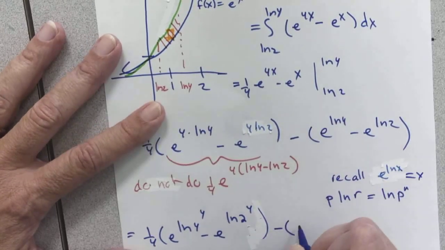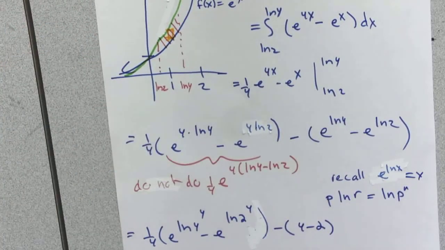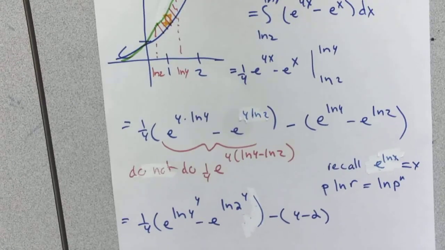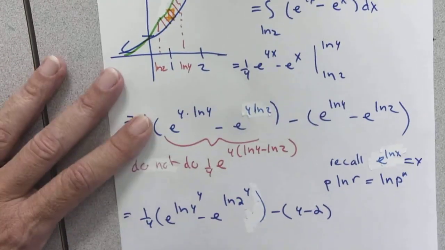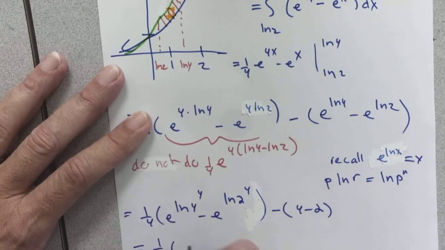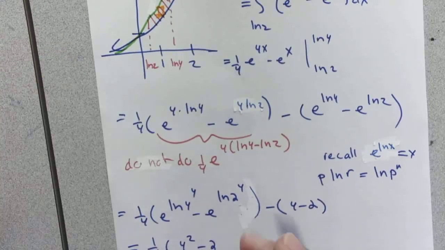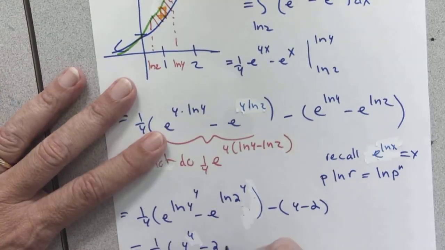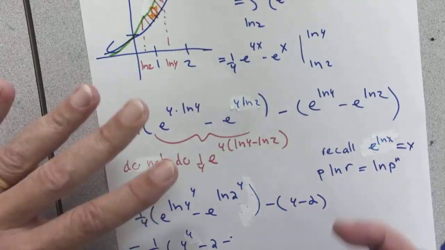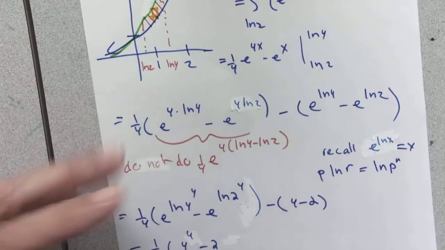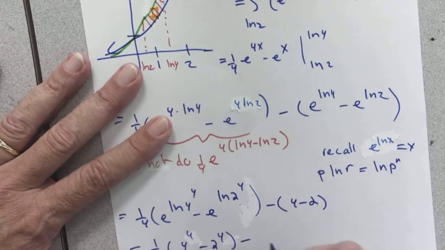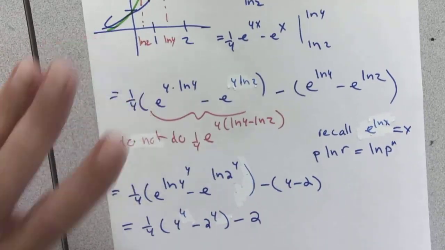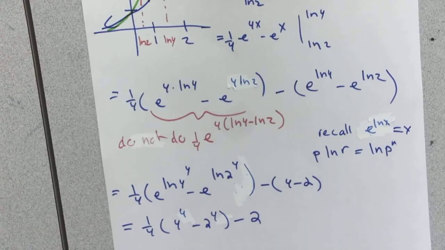On the second guy, I've got my rule there. e to the natural log of 4 is 4. e to the natural log of 2 is 2. And so now I have 1/4 times 4 to the 4th, excuse me, 4 to the 4th minus 2 to the 4th, then minus 2. And then whatever it works out to be there, I'm almost out of time, so we'll leave it at that.